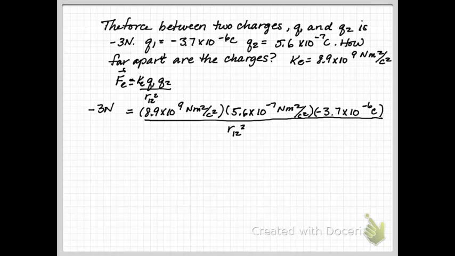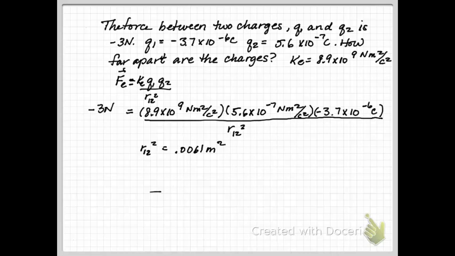Coulomb's law. So plug everything in, and we're going to be solving for the distance between the two charges. After a little bit of algebra, you're going to get that the square of the distance is something around 0.0061 meters squared.